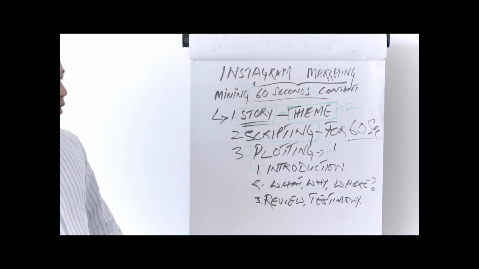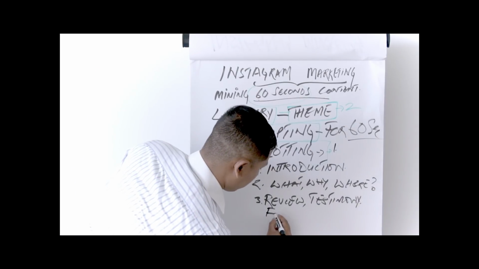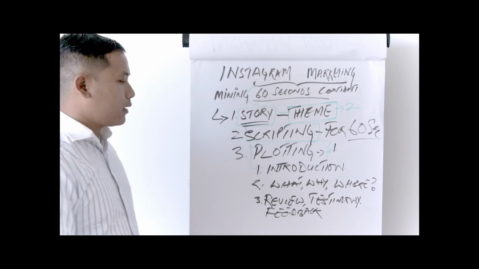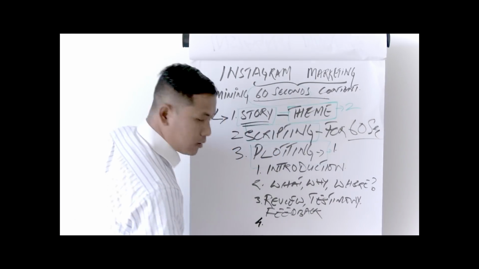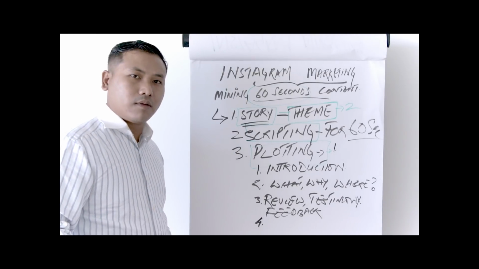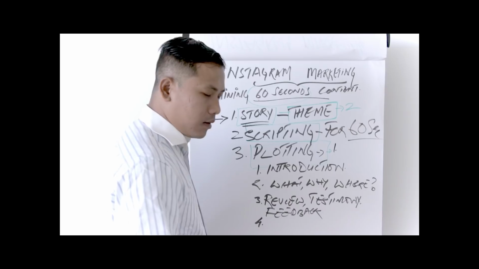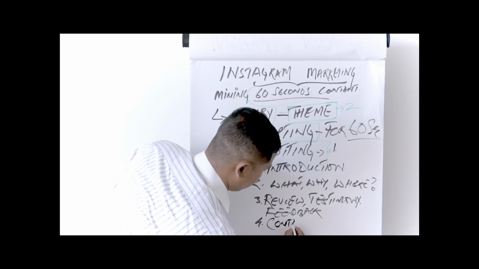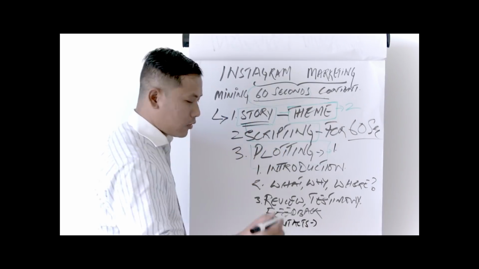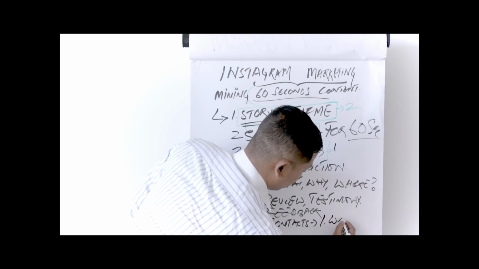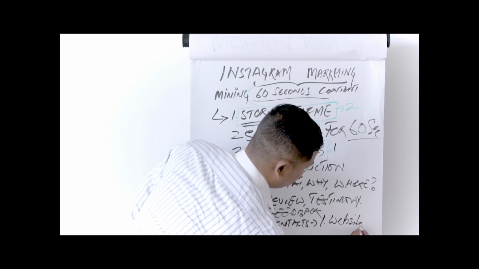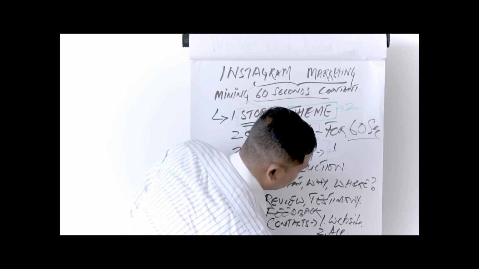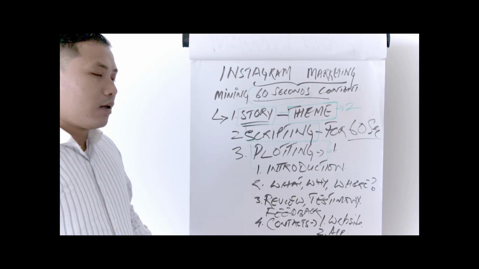And for the last one is where it will be available, right? The contacts, basically. Is it going to be a website, an app, or stores? So this is what you want to do.